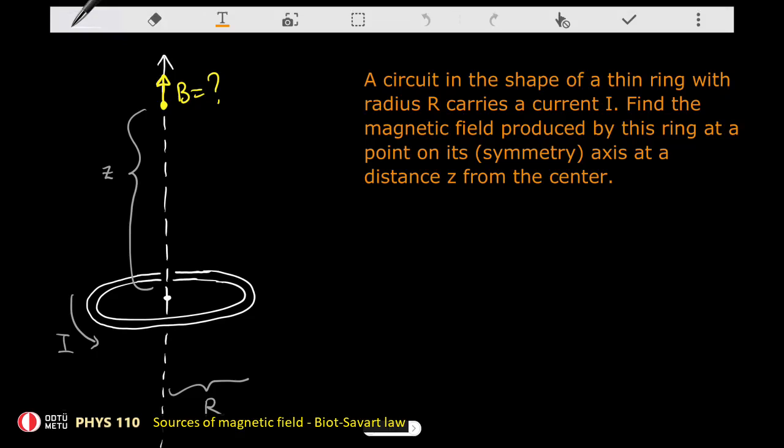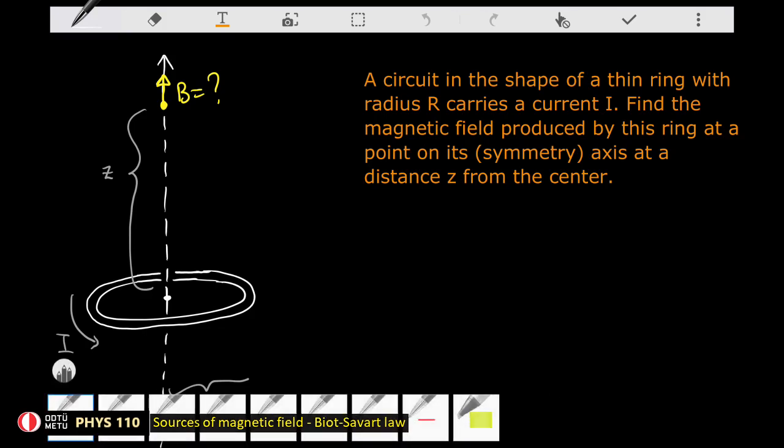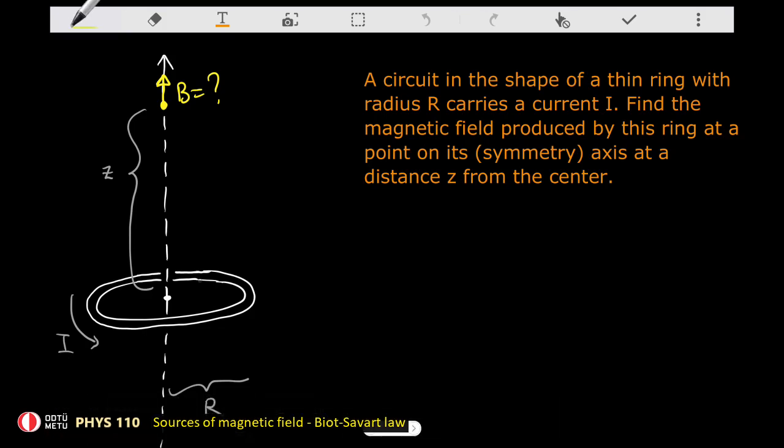So the next problem that I'm going to solve is a little bit more complicated because it's three-dimensional. So we have again a circuit in the shape of a circle. It's a thin ring with radius r and carries a current I. But this time we are going to find a magnetic field at a point on the axis of the ring, so at this point.